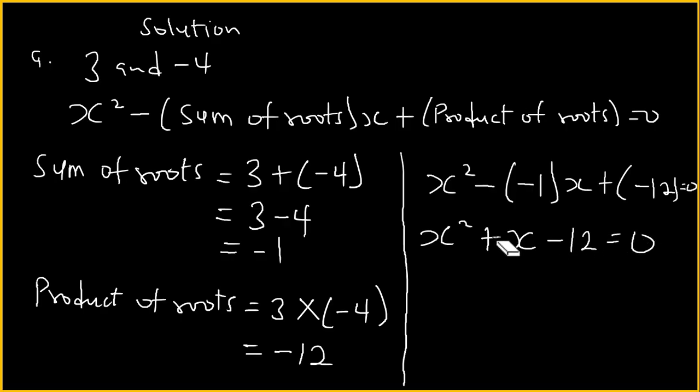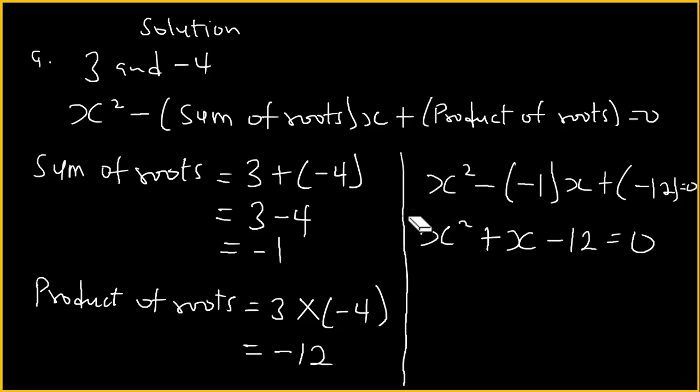And this is our equation derived or formulated from this root. So initially we were given equations to find the roots, but in this section we are given roots to find the equation. So this is it.